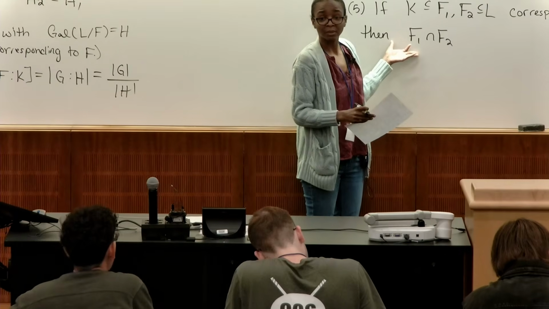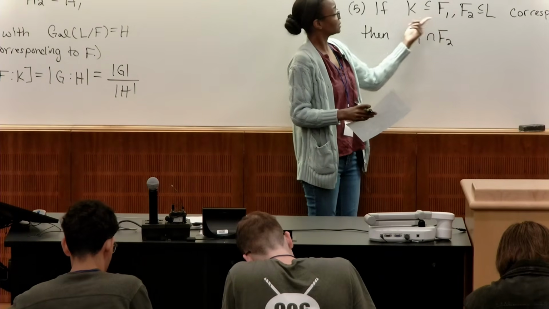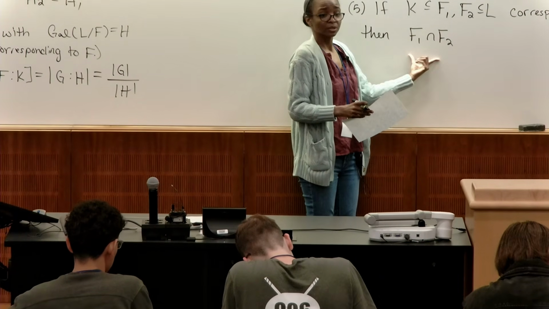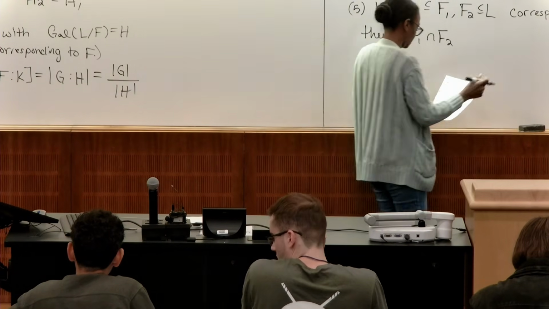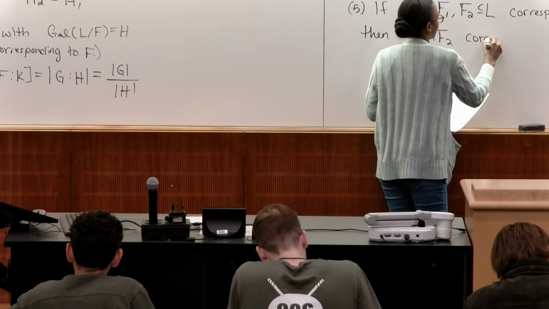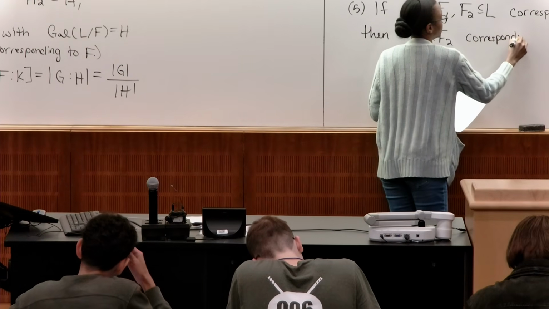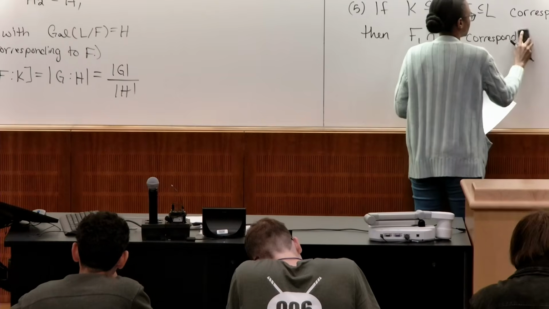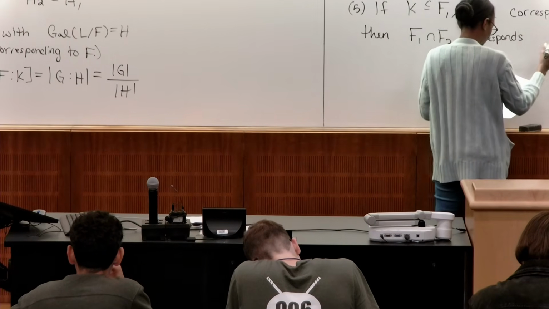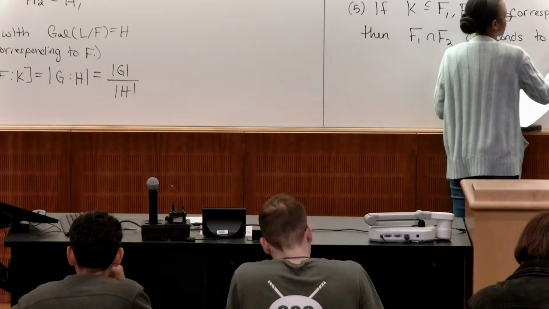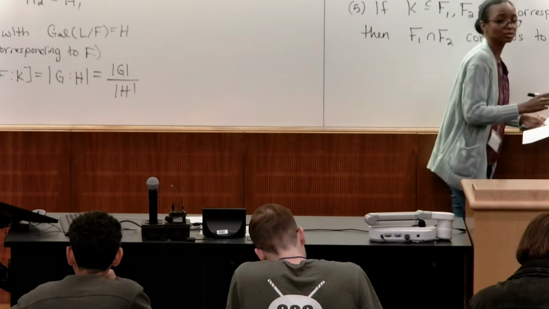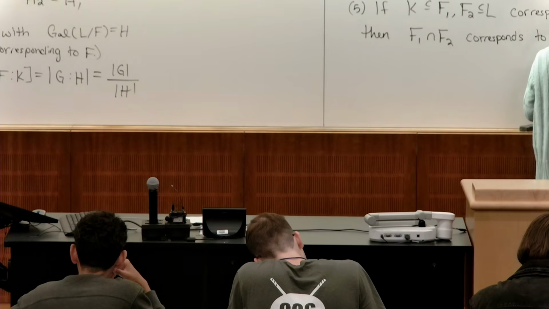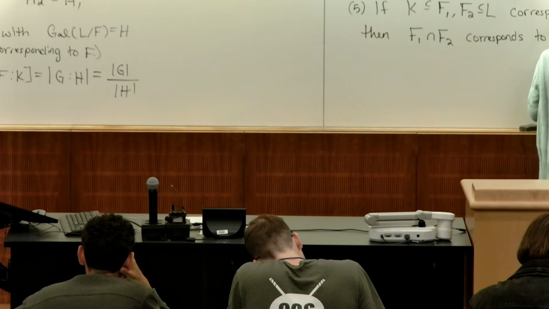This is another subfield because each of these contains K. Their intersection contains K, so this is some subfield between K and L. By the Galois correspondence, it should correspond to some subgroup. The subgroup that it corresponds to is the smallest subgroup that contains both H1 and H2, and we denote that by this bracket, H1, H2.